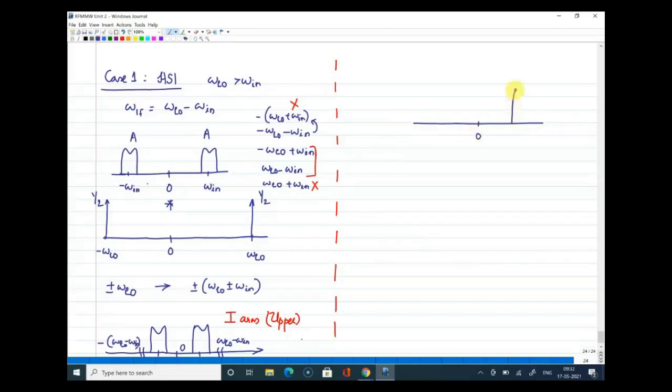Let me redraw this. This is the input signal, which is centered at omega in. Now we need to perform this convolution with the lower arm signal, which is coming from the LO, that is a sine wave.